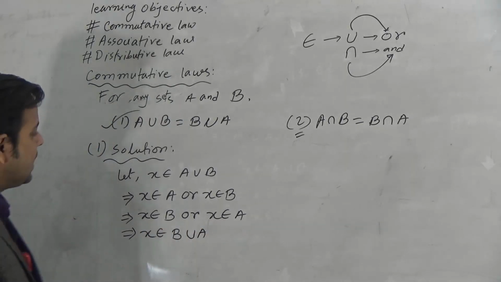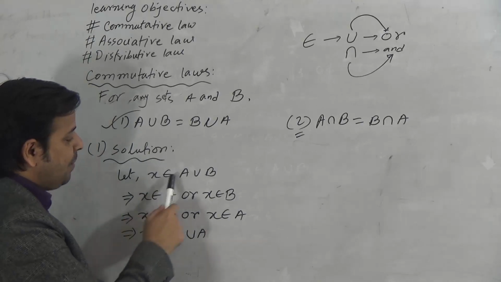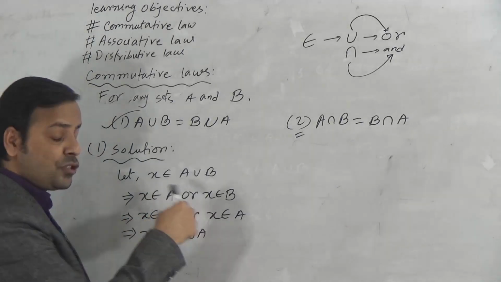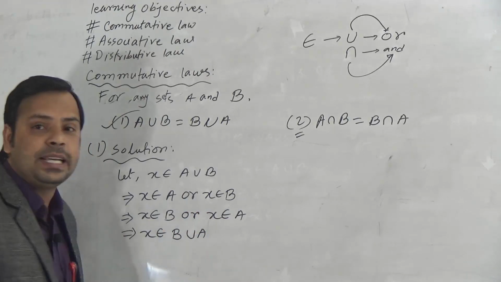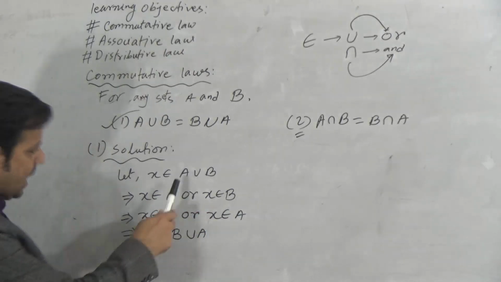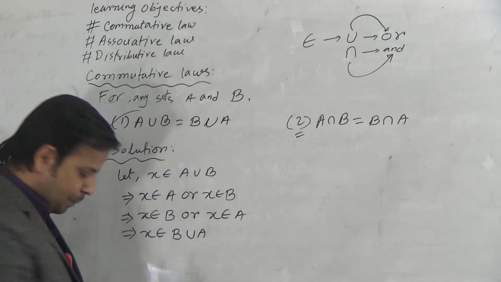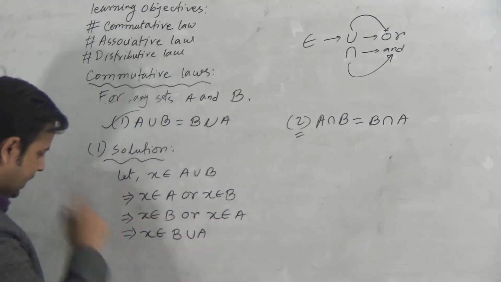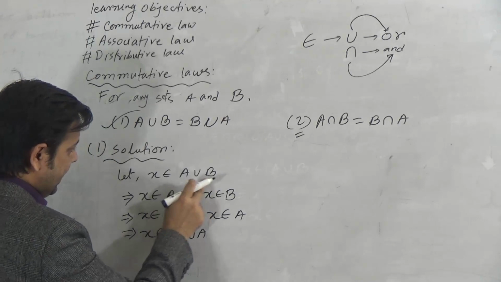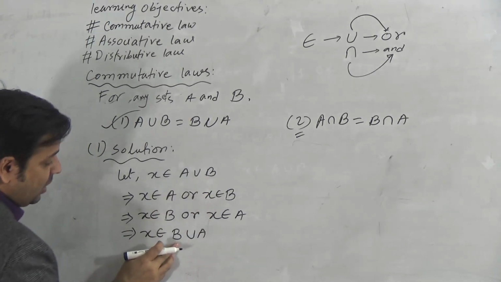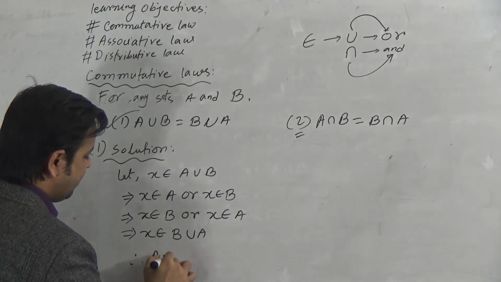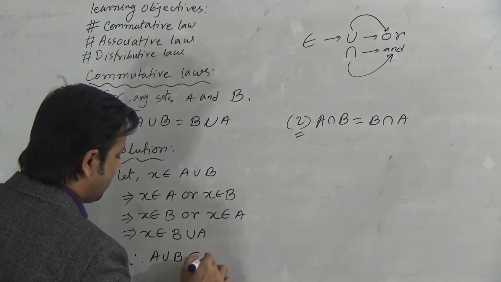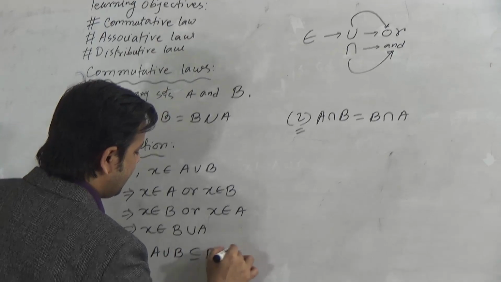It means that I have taken X as any element of A union B, but I have shown that X is also an element of B union A. It means that A union B is a subset of B union A, as every element of A union B is contained in B union A. So we can write here A union B is a subset of B union A.